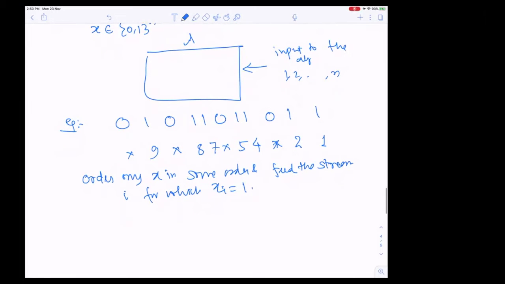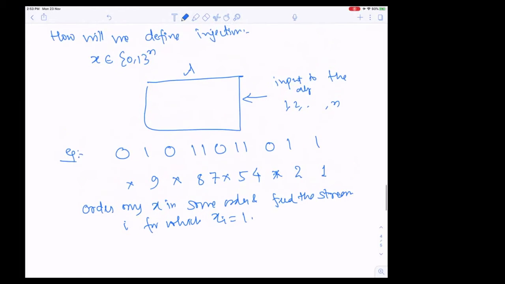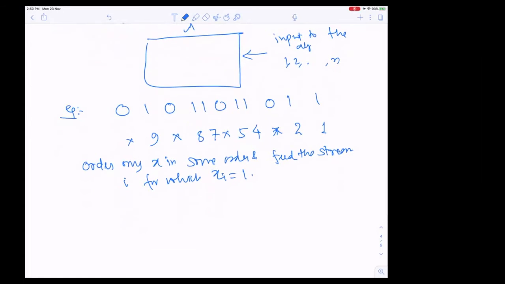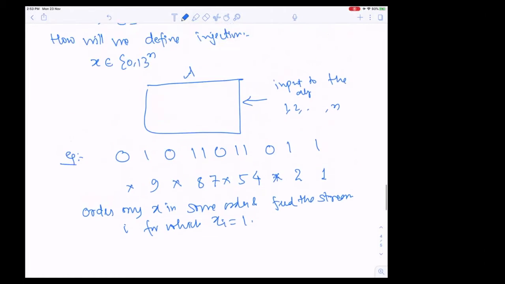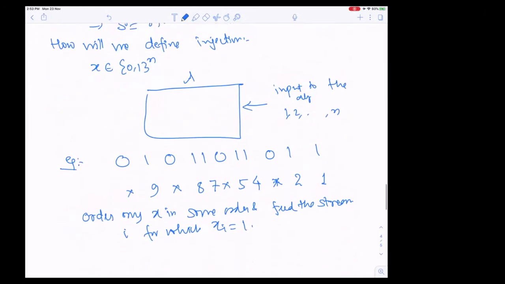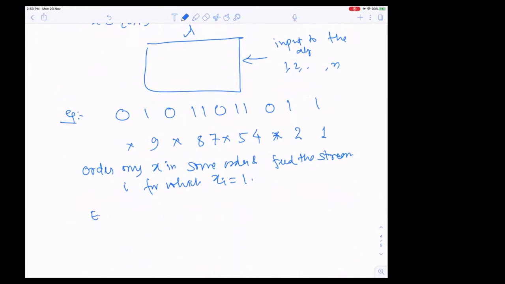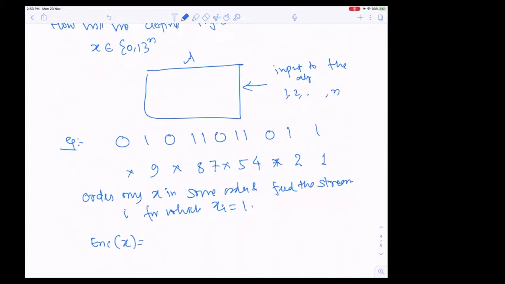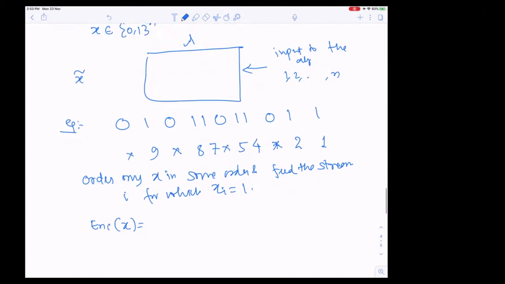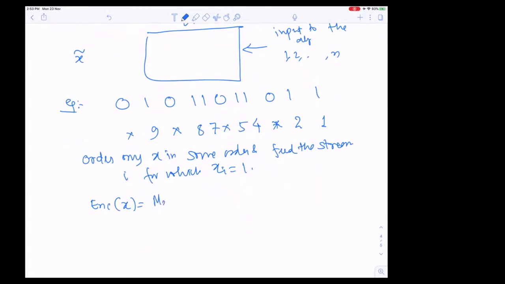Now I'm going to run this algorithm. Let's call the string we created x tilde. The encoding of x is nothing but the memory content of A when run on x tilde.